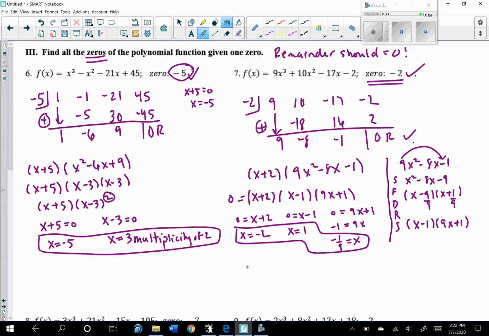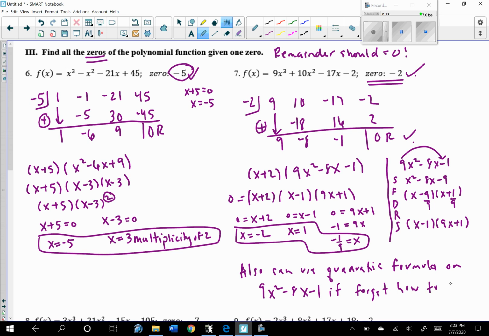You could also use the quadratic formula on 9x squared minus 8x minus 1 if you forget how to factor.